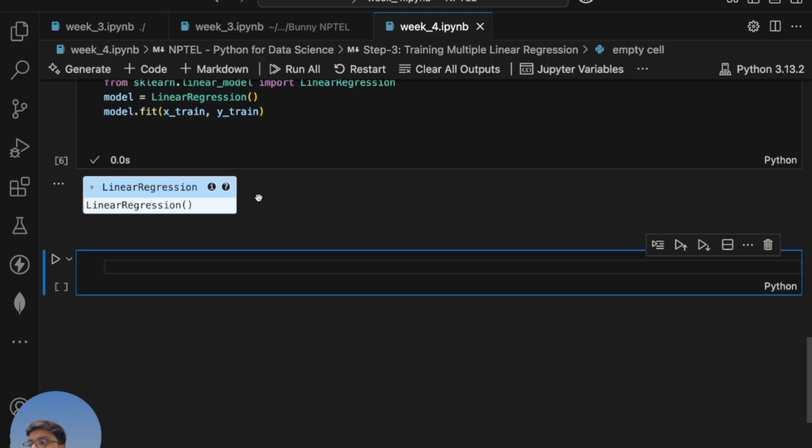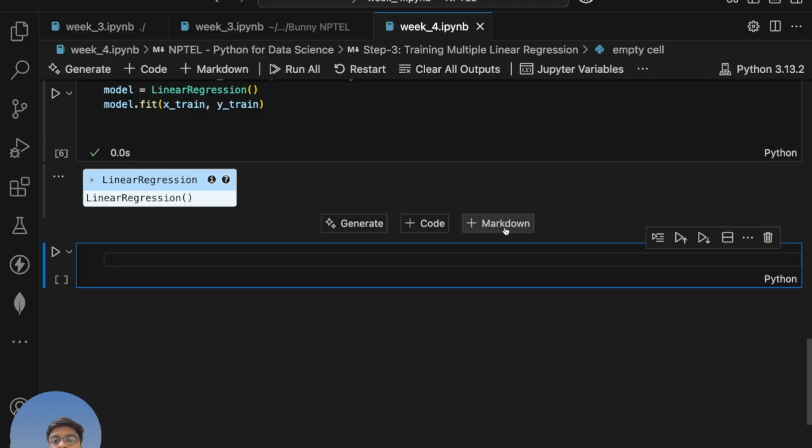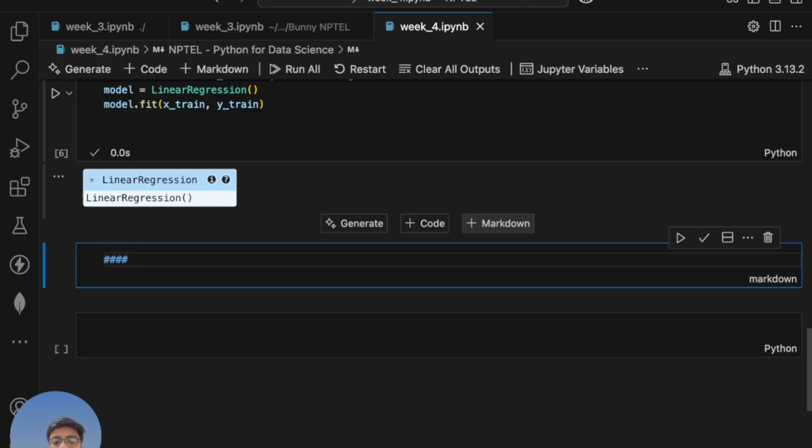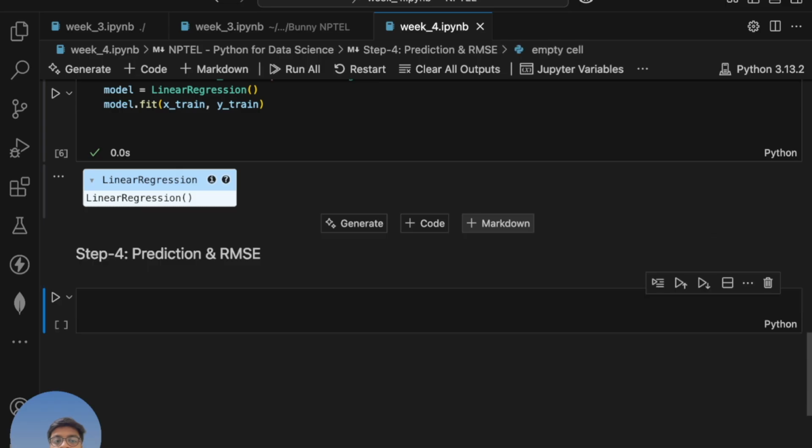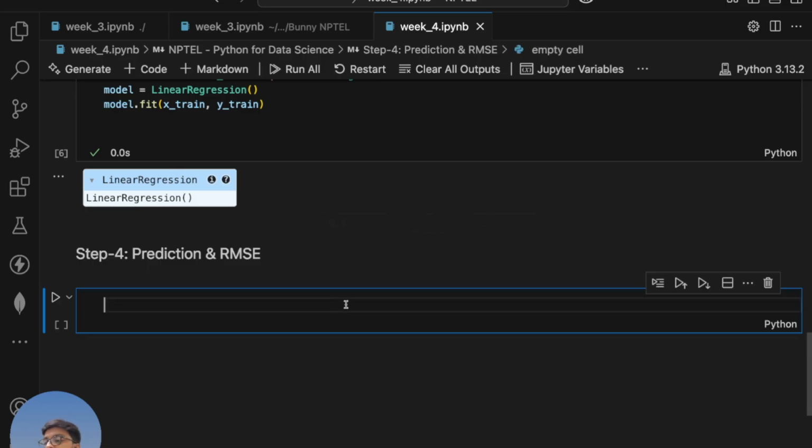Which is predicting the root mean square value. Step 4 is prediction and root mean square error. Okay, so this has been done.